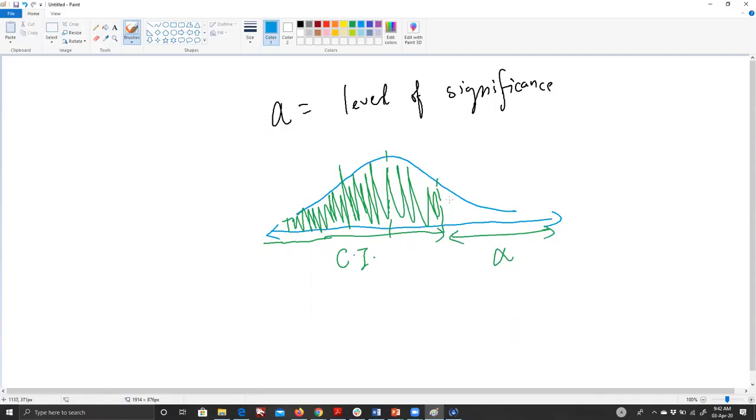Yeah, very good. But 1 minus was only used because the overall area is 1, right? So alpha is nothing but this region, and it is also called the rejection region.